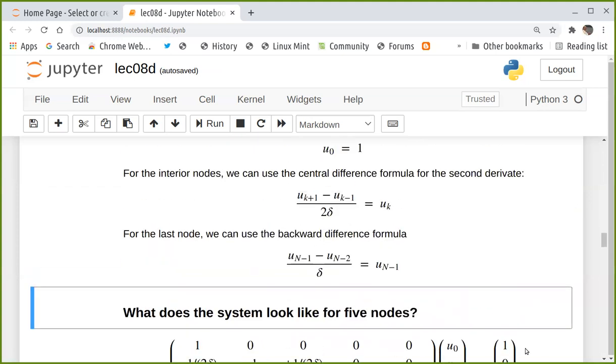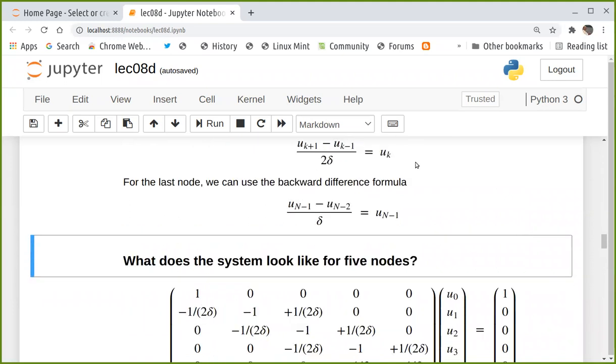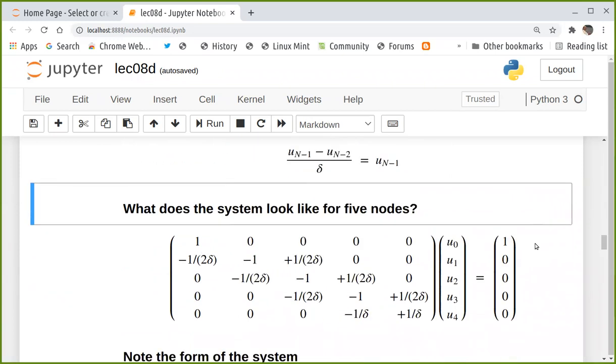Okay. So for the other formulas, I've pulled everything over to the left-hand side. So the left-hand side of the equation is equal to 0. Okay, so this is what the system looks like for 5 nodes, written as a matrix vector equation. Okay. So what do you notice? What's the first thing that strikes you about the form of this big matrix on the left?